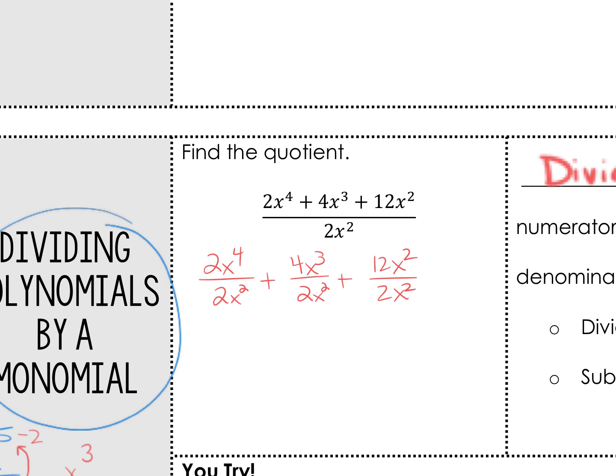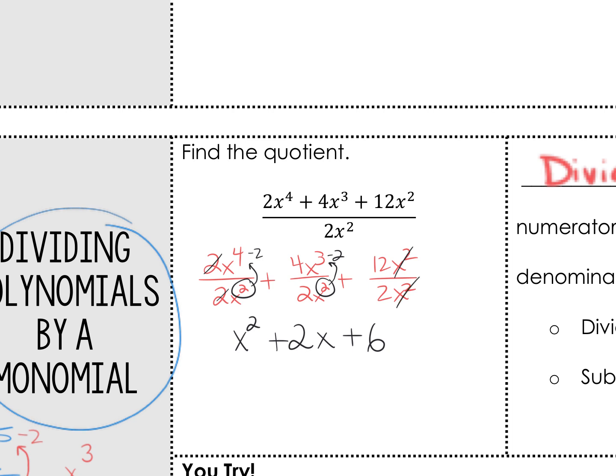So as we take a look, 2 divided by 2 is just 1, or you can just cross those out. X to the 4th divided by x squared, we're subtracting, so we just get plain old x squared. 4 divided by 2 is 2. Over here, remember, we're subtracting, so we get x. And 12 divided by 2 is 6.